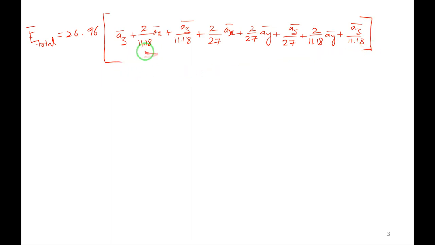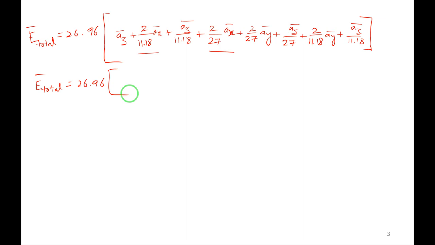So first add all the x terms. This is AX, this is AX. E total is equal to 26.96 times, first adding AX terms, 2 divided by 11.18 plus another AX term, 2 divided by 27.